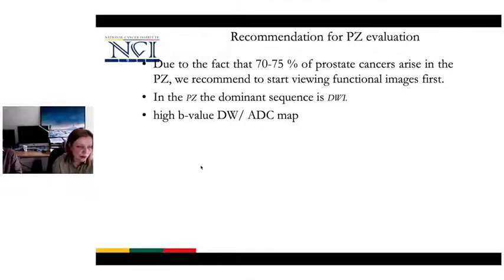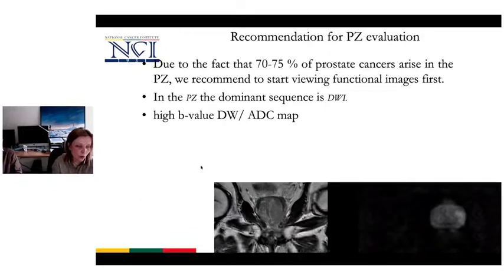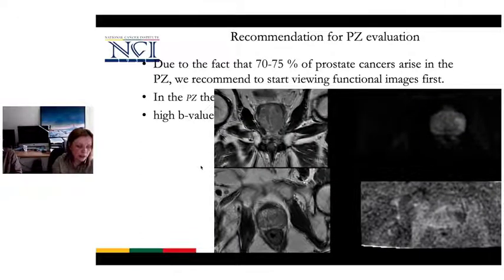Of course, we're using all the sequences, but the dominant sequence in the peripheral zone is diffusion, due to the fact that about 75% of prostate cancers arise in the peripheral zone, so it is even recommended to start your evaluation of images from diffusion and ADC map.